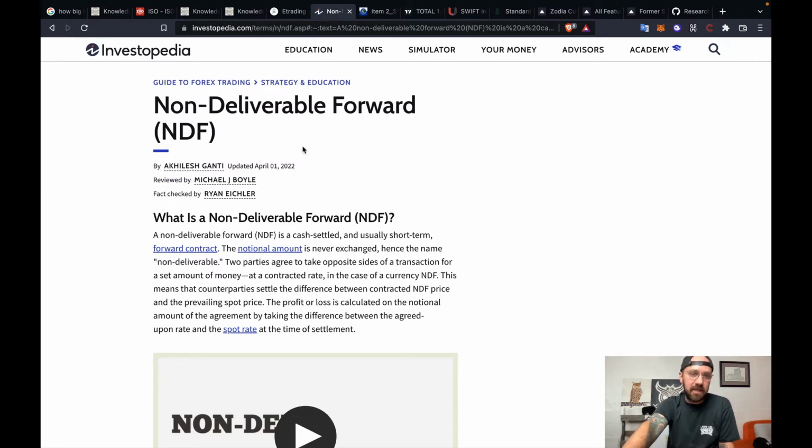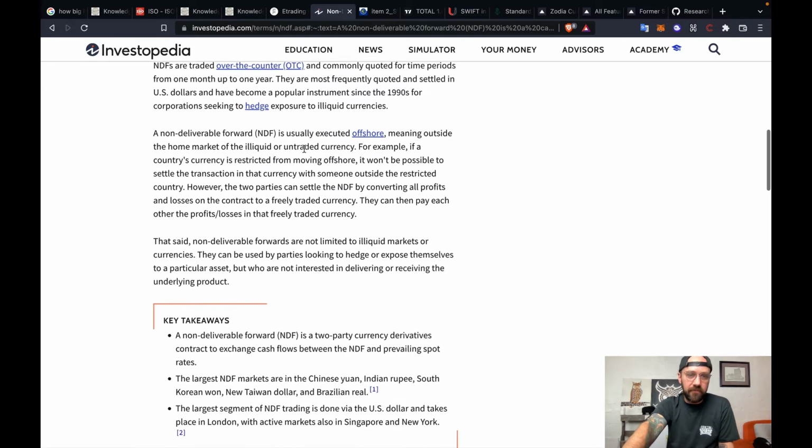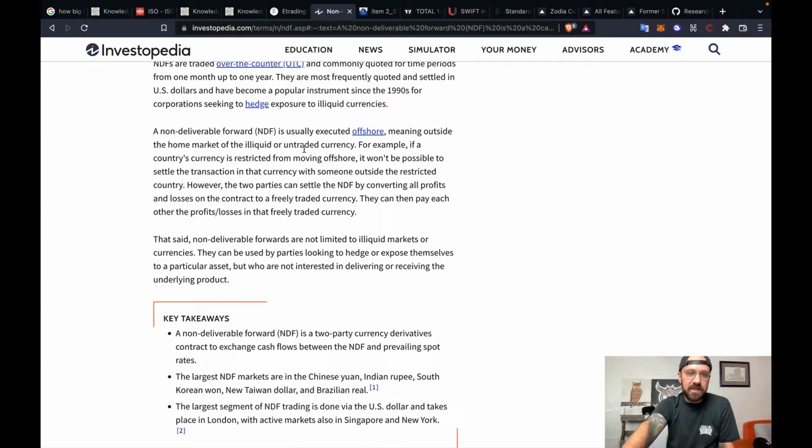Now, we did see non-deliverable payments. I believe this deals directly in non-deliverable forwards. To give you a brief overview, the use case behind this would be if a country's currency on the front or back end is restricted from moving offshore, it won't be possible to settle the transaction in that fiat currency or national payment currency, USD, Euro, whatever it might be, with someone outside the restricted country.